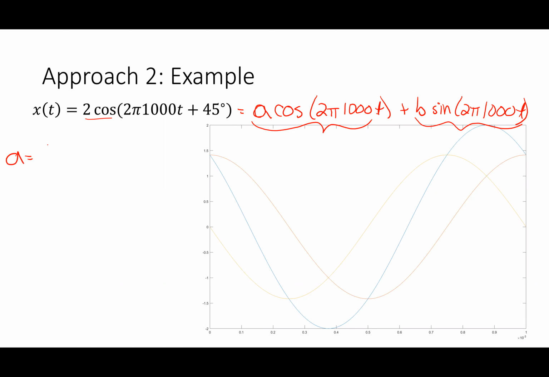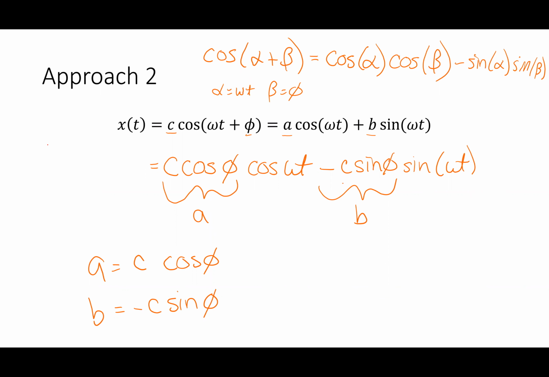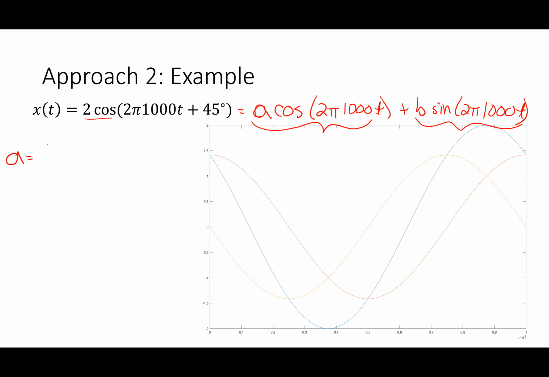So it says C times cosine of phi. What is A equal to here for this example? 2 times cosine of 45 degrees. So cosine of 45 degrees, if I calculated that, would be square root of 2 over 2, right? So there'd be that. What's my B value? Yeah, minus 2 sine 45 degrees.